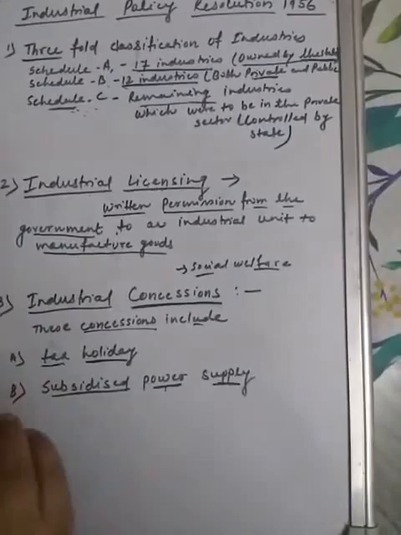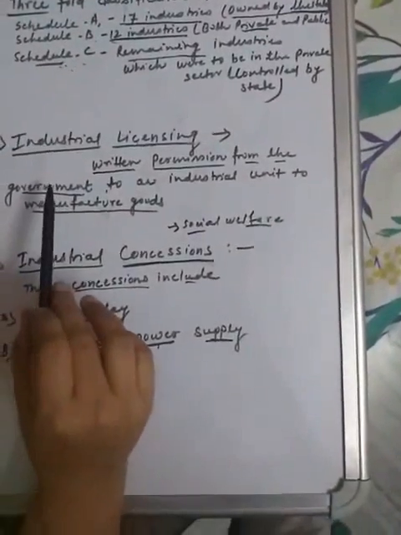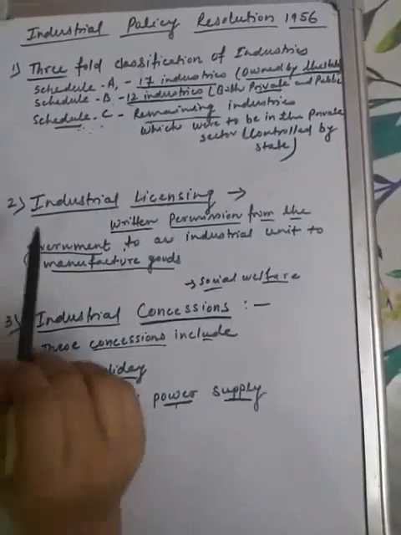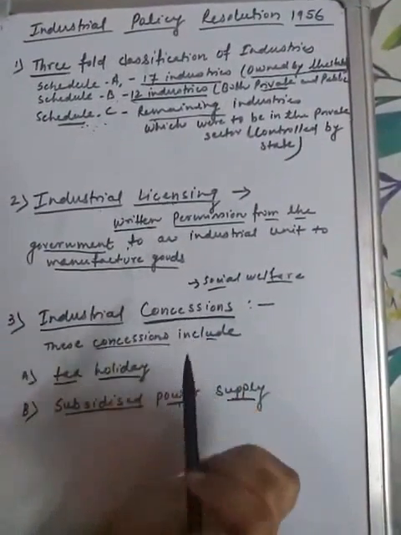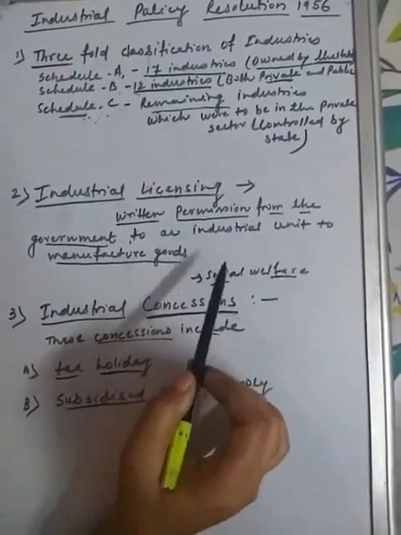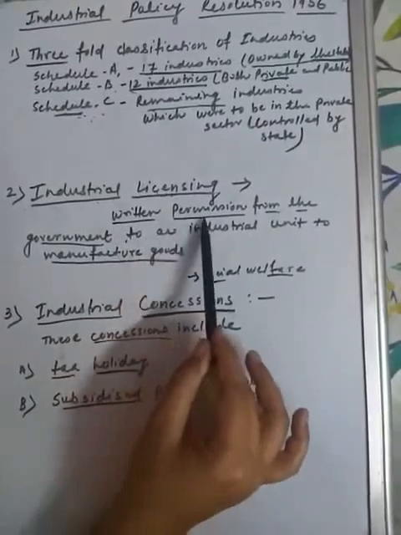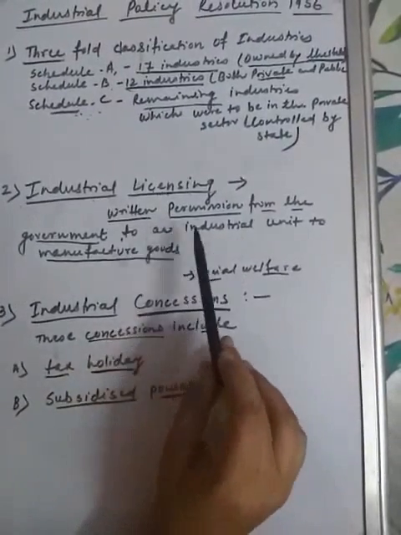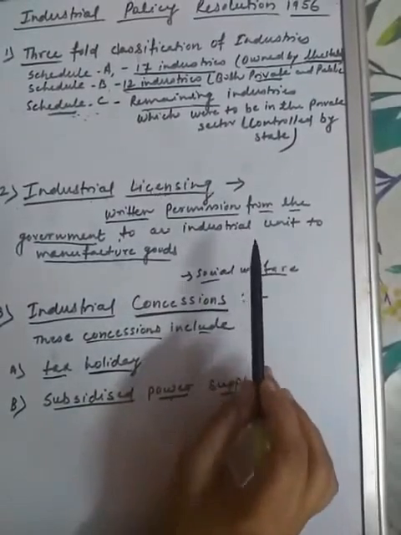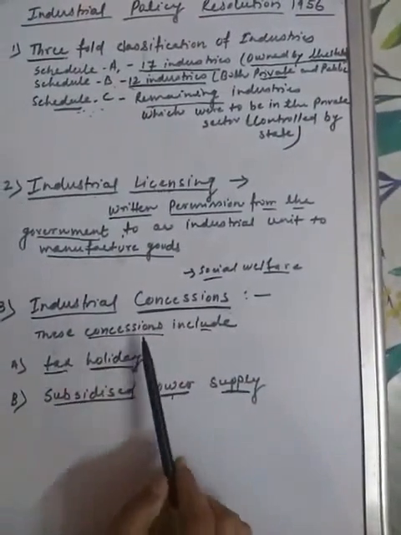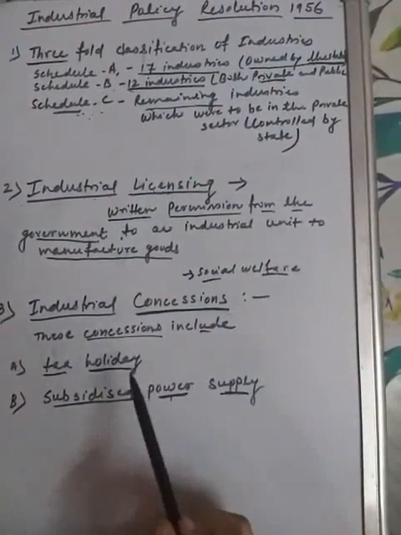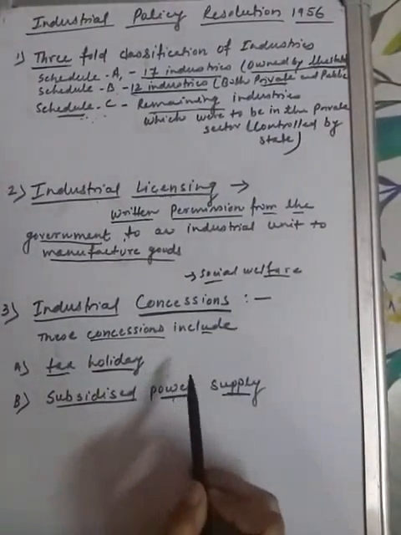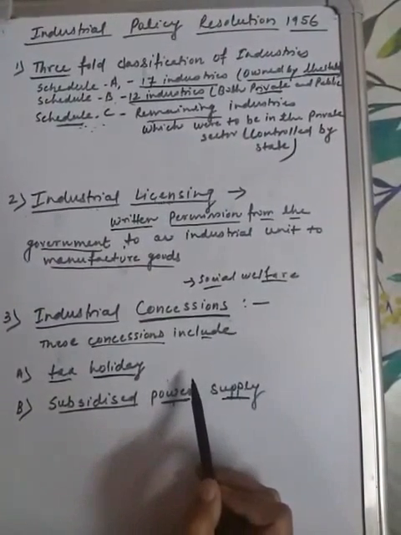Again I am revising what industrial licensing is and what industrial concession is. According to industrial licensing, no new industries were allowed unless a license was obtained from the government, or written permission taken from the government. It was easier to obtain a license if the industrial unit was established in an economically backward area. Such units were given certain concessions like tax benefits and electricity at a lower tariff, because the purpose of the policy was regional equality.